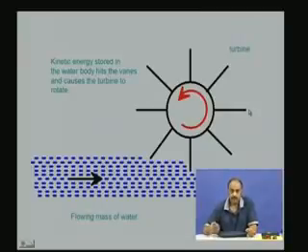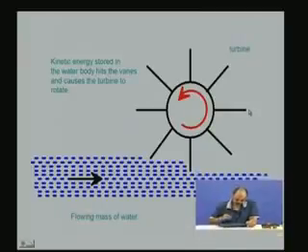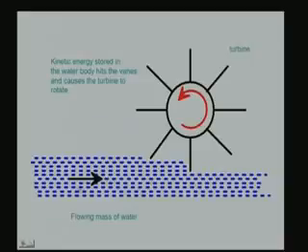Consider this particular diagram here. You see that there is water flowing, a flowing mass of water. There is a wheel with some blades connected to it, and the wheel rotates anti-clockwise as shown here. And how does the wheel rotate?